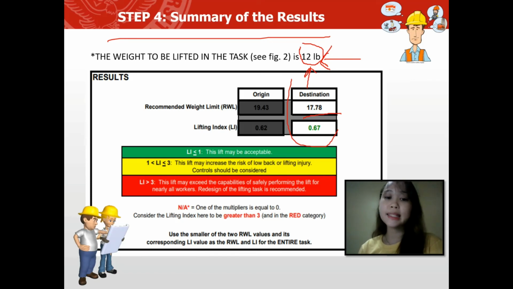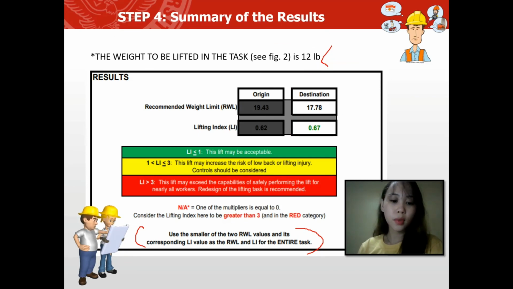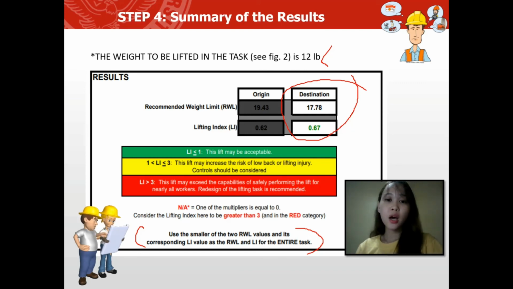Furthermore, to interpret the entire task, as indicated in this NIOSH calculator, we use the smaller of the two RWL values and its corresponding LI value as the RWL and LI for the entire task, which is the RWL and LI of the final destination data.